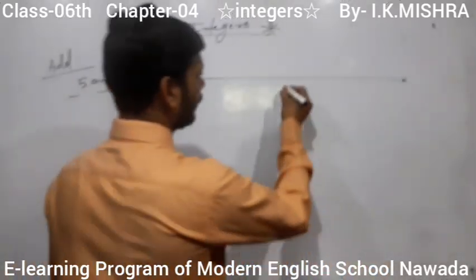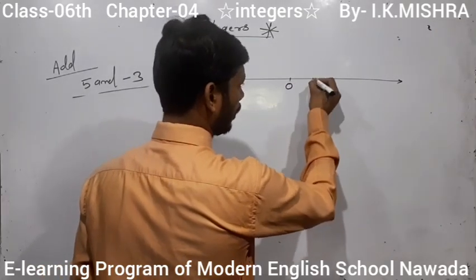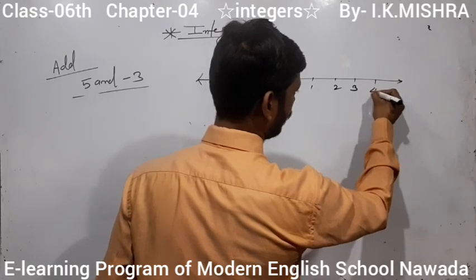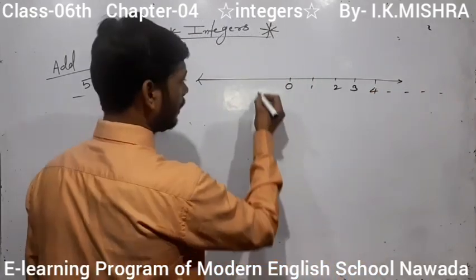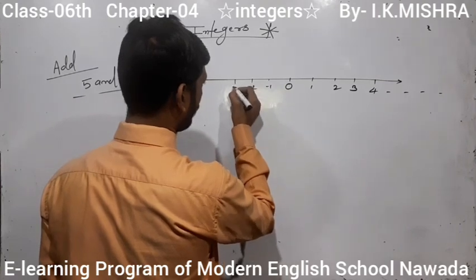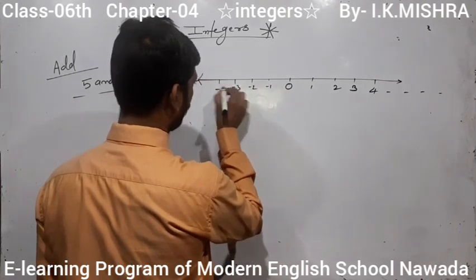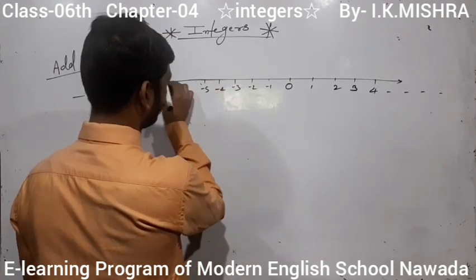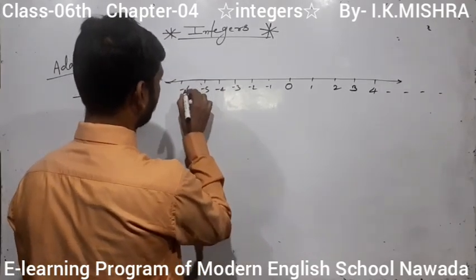Here 0, 1, 2, 3, 4 and so on. Students, here -1, -2, -3, -4, -5, -6 and so on.